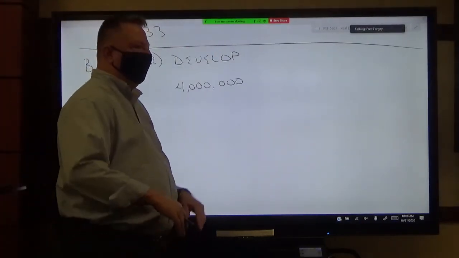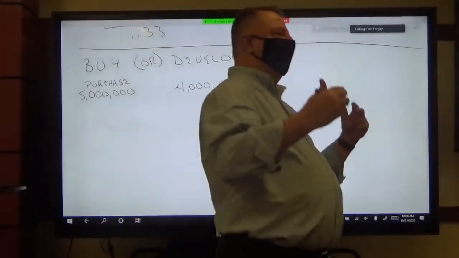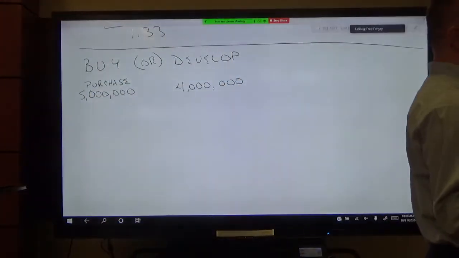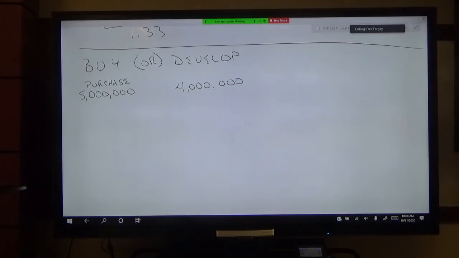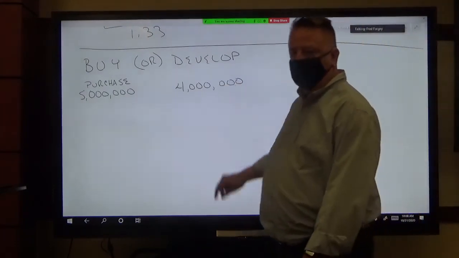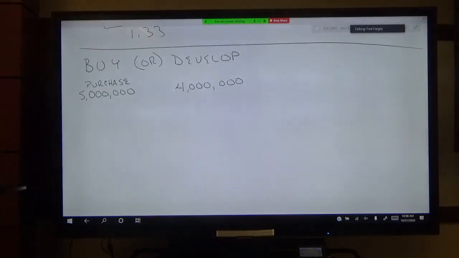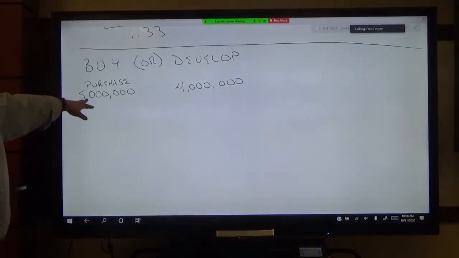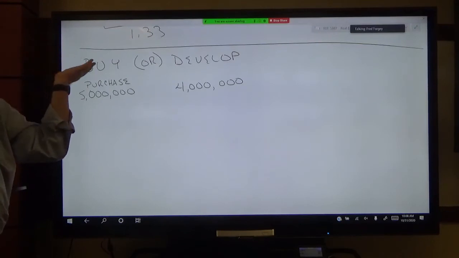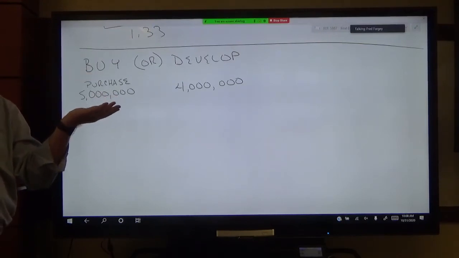Whereas on the development side, we've got to factor in a lot of other issues and non-monetary concerns. But on a very basic level, it's going to cost us less money. So basically, we're going to have to pay $1 million more to avoid the brain damage. That's a simple way to think about it.